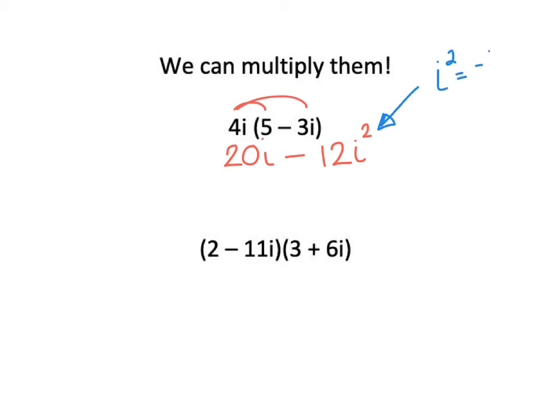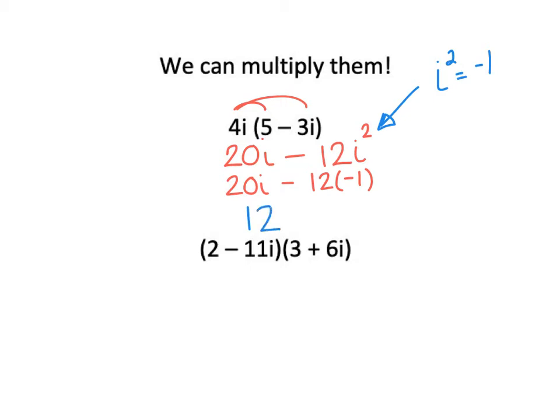Well, it's equal to -1. So that means I can replace this i squared because it's not simplified until everything is written in the form of a plus bi. No i squareds are allowed. So this is 12. And I'm replacing that i squared with -1. So what I really have is -12 times -1, which would be positive 12.